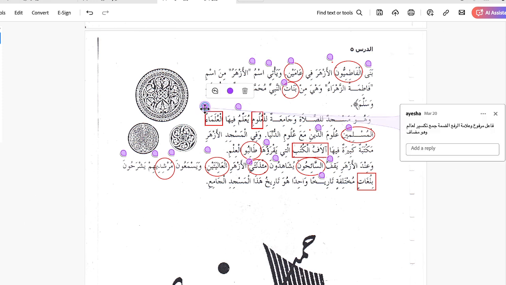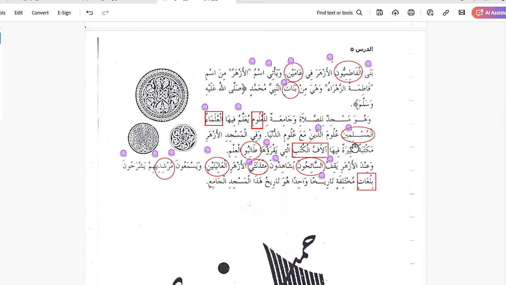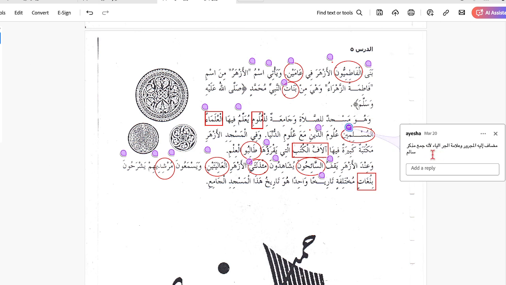So ulamau is failun marfoon walamatul rafi ad-damma, and it is jama taksir li alim wa huwa mudaf. And muslimina, we can't use muslimuna here because this is mudaf ilayhi, which has to be majroor, so we have to use the ina form, which is the jar form. So muslimina is mudaf ilayhi majroorun wa lamatul jarri al yaw li'annahu jama muzakkar salim.